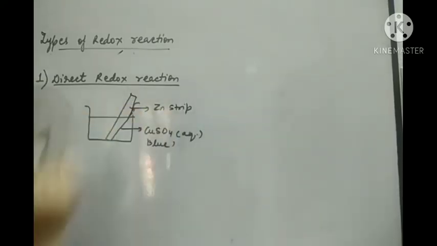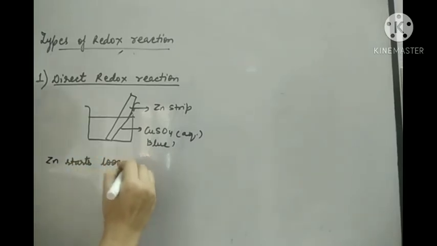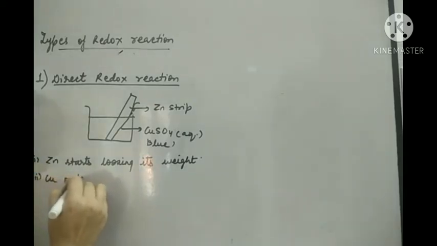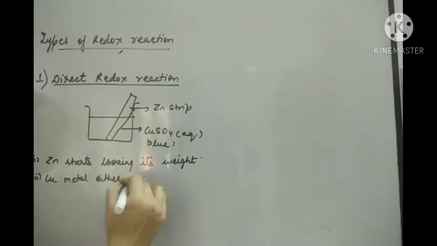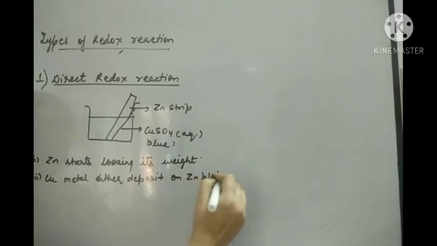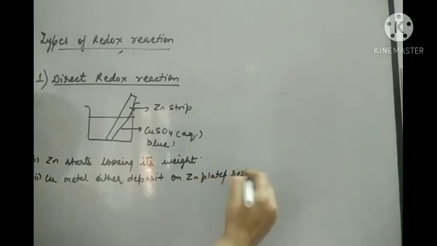Now we'll keep it for some time, and after some time we'll find that zinc starts losing its weight, means the zinc rod is dissolving. We'll also find that the copper metal either deposits on the zinc plate or it can settle down also.